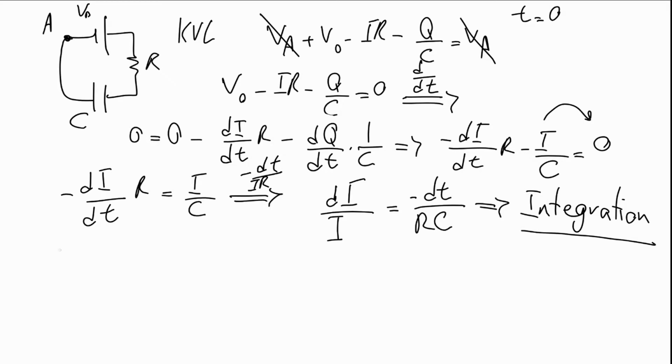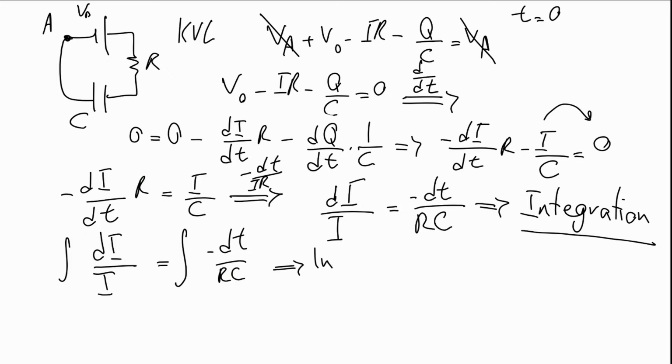So integration of dI over I and the integration of minus dt over RC. This part is ln of the absolute value of I, and this part is minus t over RC plus a constant.